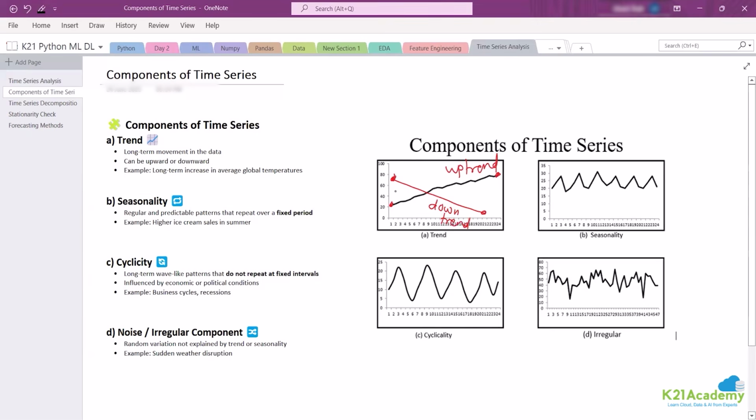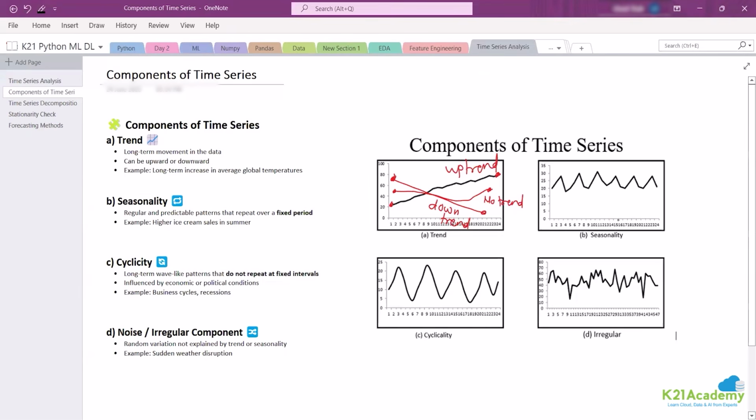And if the initial value and the final value are almost the same, we can say that there is no trend present. So you need to observe the data in some particular time frame, and based on the initial and the final value, you can say what kind of movement your data is following.